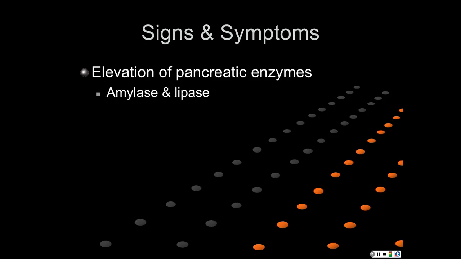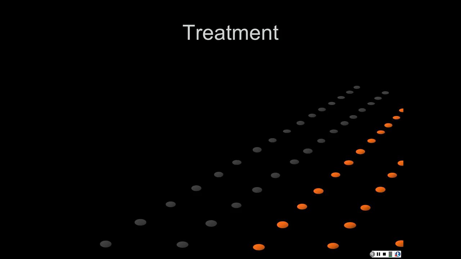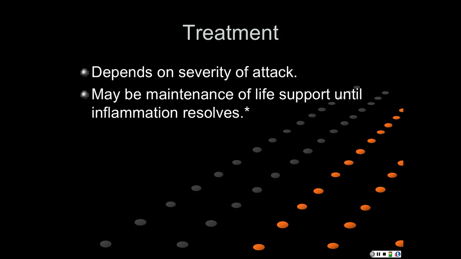Key diagnostic lab work is an elevation of the pancreatic enzymes, an example being your amylase and your lipase, and these are going to be checked periodically. As the patient recovers, they should also decrease. Treatment depends on the severity of the attack.